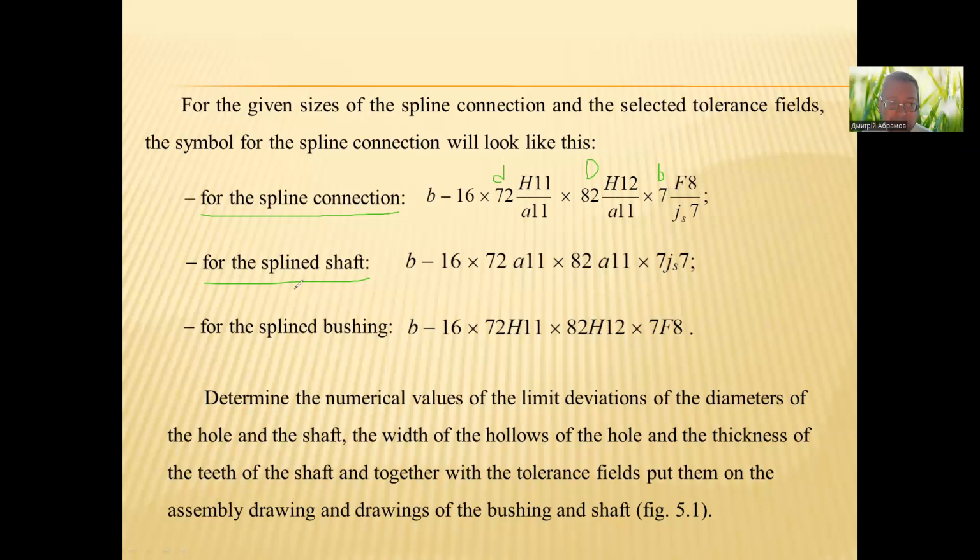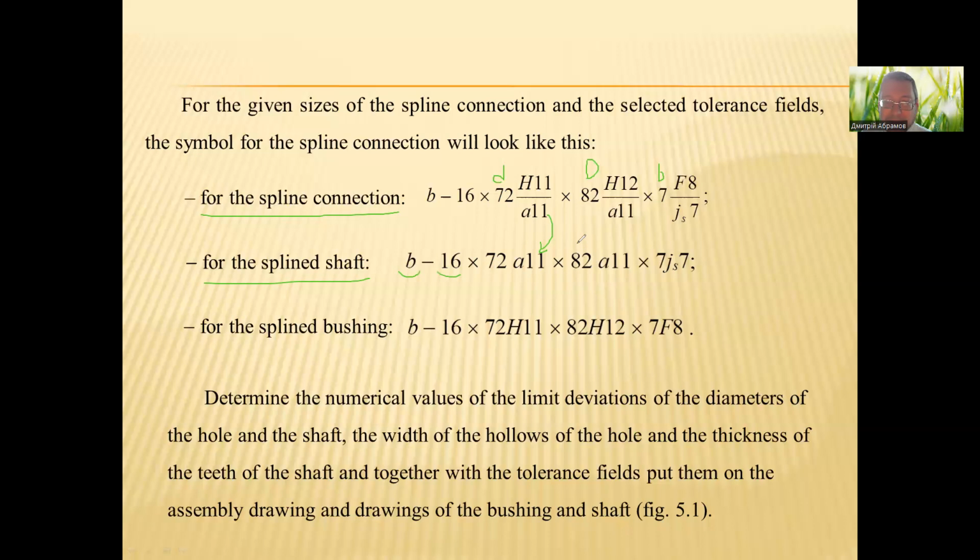So for the splined shaft, b is the centering parameter. Number of teeth 16, small d 72 millimeters, and a11. Small a11 is the tolerance field of the shaft on the inner diameter 72 millimeters.